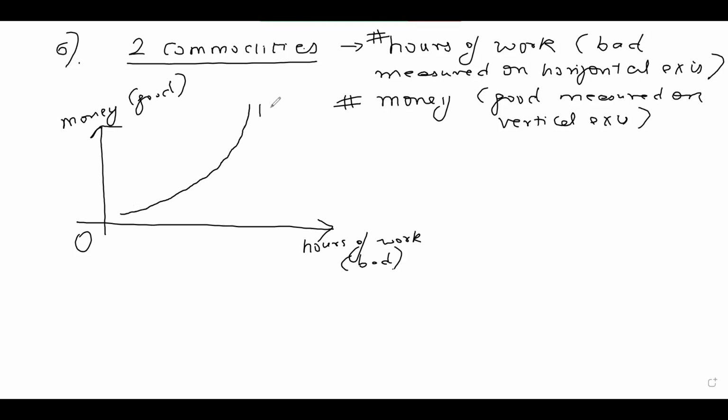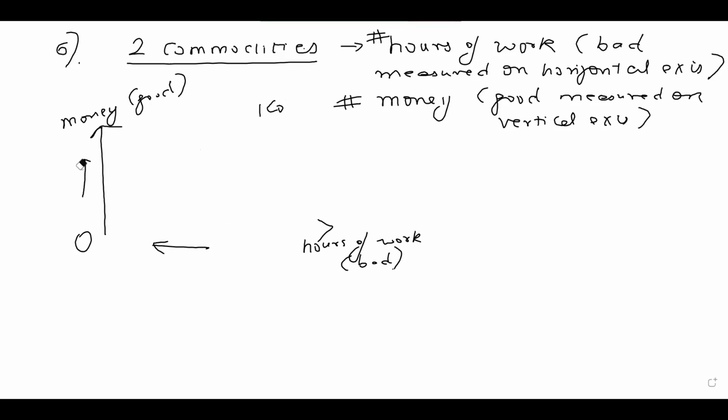Because your direction of preference is northwest. Higher indifference curves are in the northwest direction because you want to reduce your bad and increase your good. If you are going in the northwest direction, you are reducing your bad, increasing your good, which increases your utility. So my indifference curves are going to look like this.